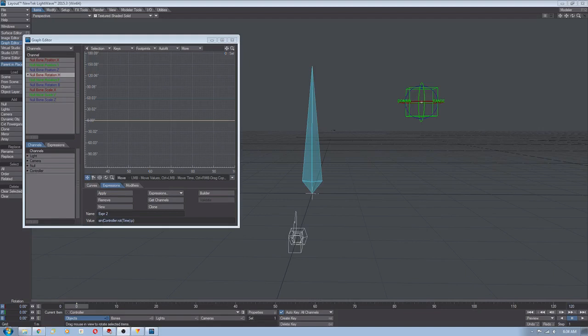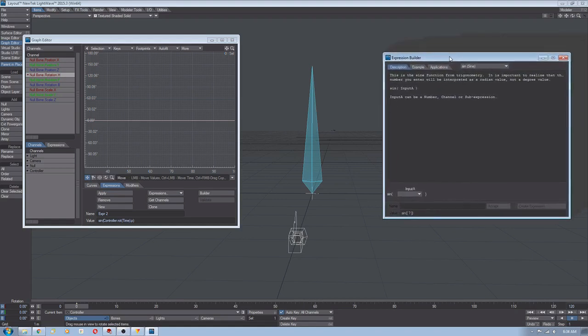Now, the sine function is basically my favorite because this is where I get all of my secondary motions from my animations. Now, I think I know where a lot of people get the sine function wrong.